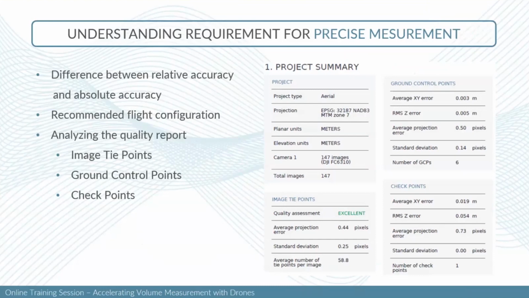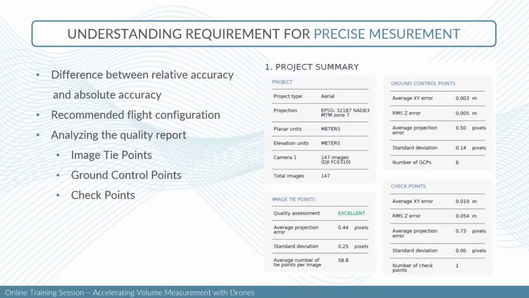The other type of accuracy that we have talked about is the absolute accuracy. This is how well the locational accuracy of your map compares to the true position on the Earth. The absolute accuracy can be assessed by using ground control points. The ground control points will help you to have a more accurate overall accuracy for your photogrammetric project.